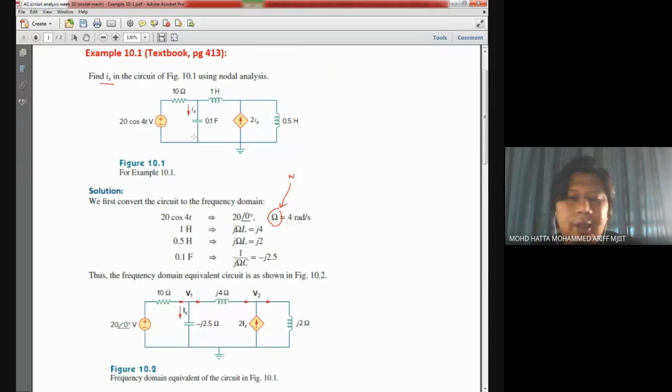Here it asks for nodal analysis, and you cannot solve it using nodal analysis unless you convert this into a frequency domain circuit.